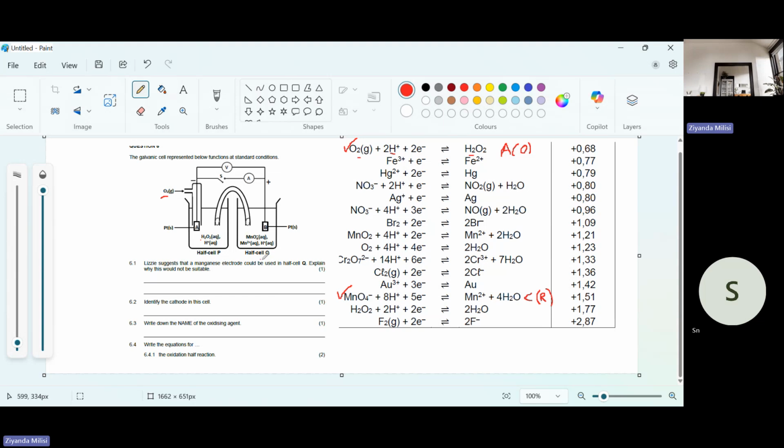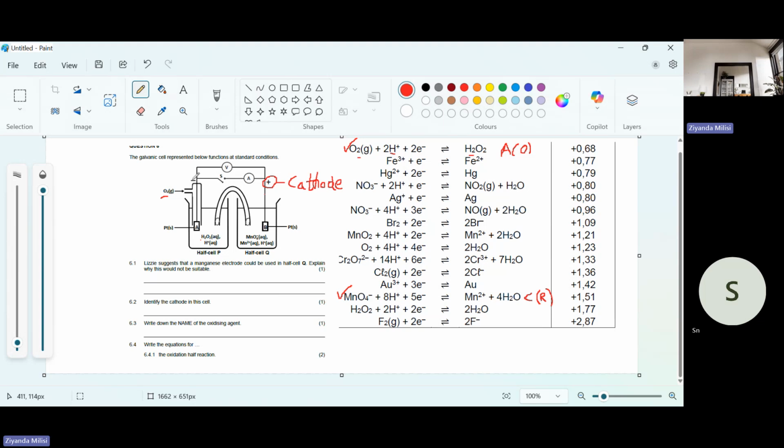All right, let's first label. We know that this side is positive, and that tells you exactly that this is a cathode, because it's a positive electrode. That is the simplest reason. Once the electrode is positive in a galvanic cell, that's a cathode.